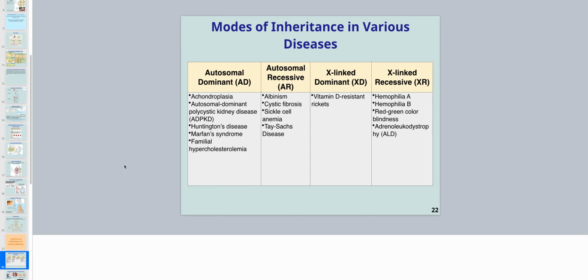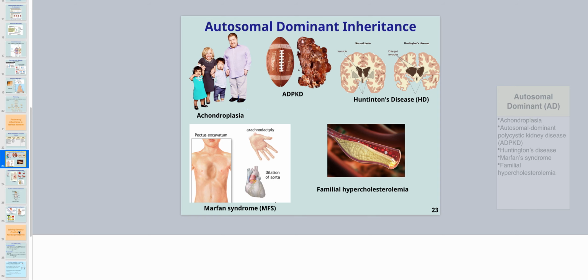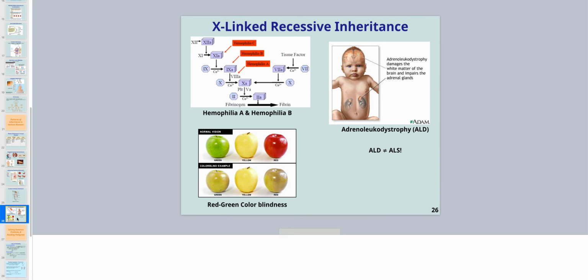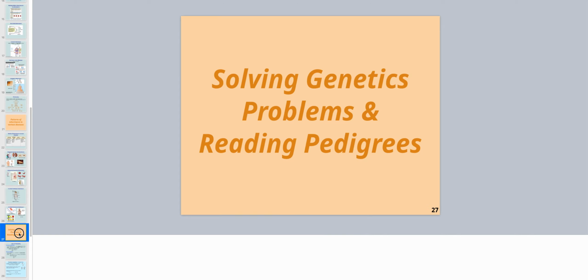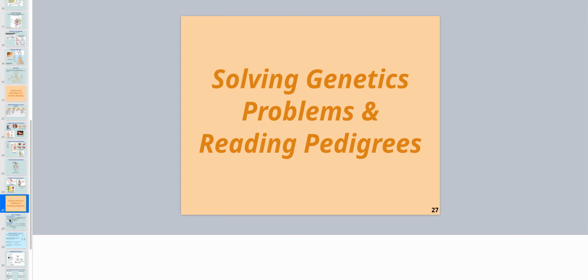On a test, if I were to use the name of any of these conditions, I would let you know whether they are inherited in an autosomal dominant, autosomal recessive, X-linked dominant, or X-linked recessive pattern. So I'm going to skip these slides, and you can skip that last page of your lecture notes as well, because it's just details of each of these conditions, which you don't have to know. I'll talk separately about practice genetics questions.